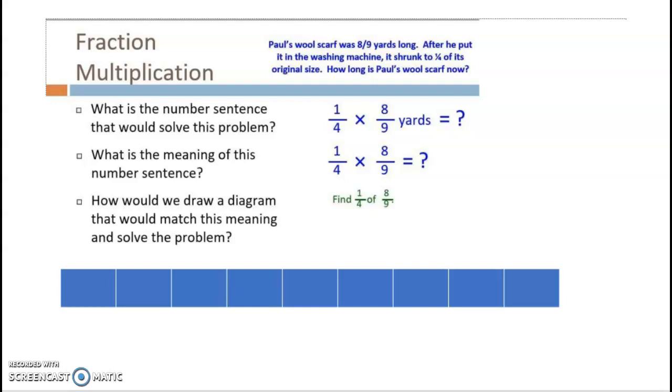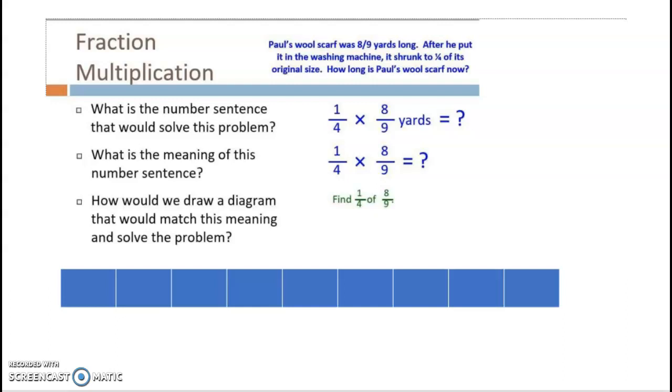What is the number sentence that would solve the problem? 1/4 times 8/9 yards. What is the meaning of the number sentence? 1/4 times 8/9. And how would we draw a diagram that would match this meaning to solve the problem of 1/4 of 8/9? And you'll see the fraction bar below is a hint.